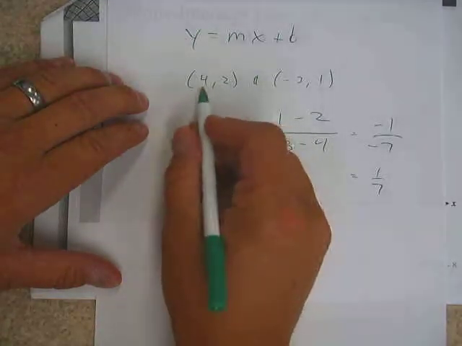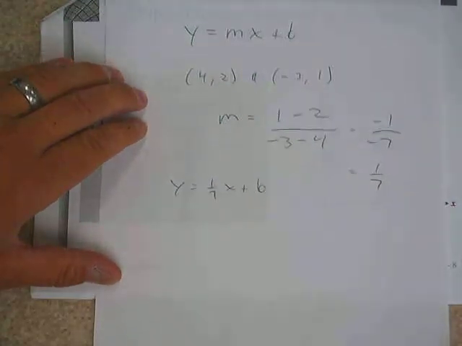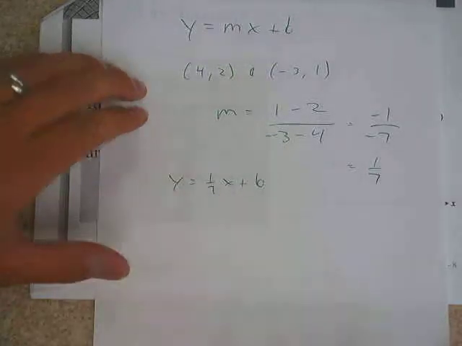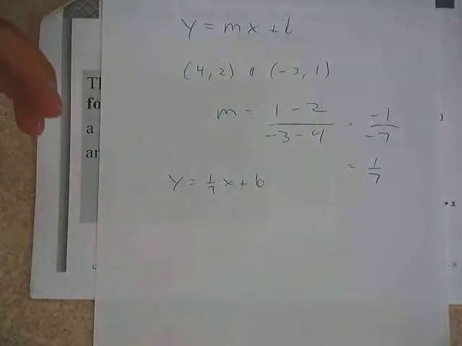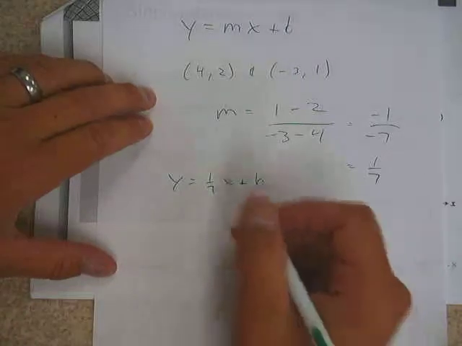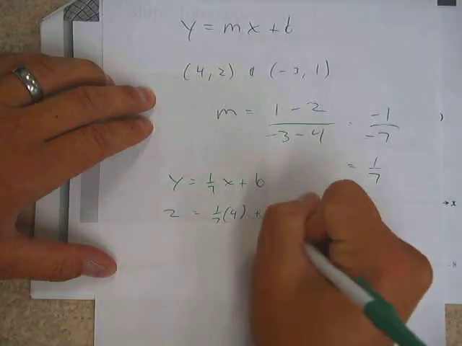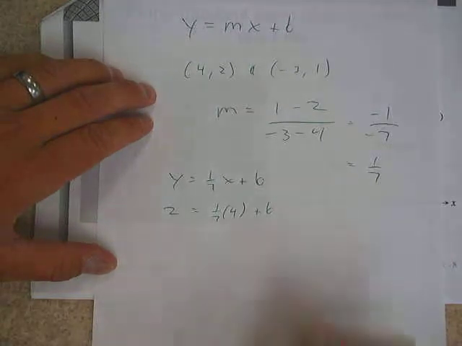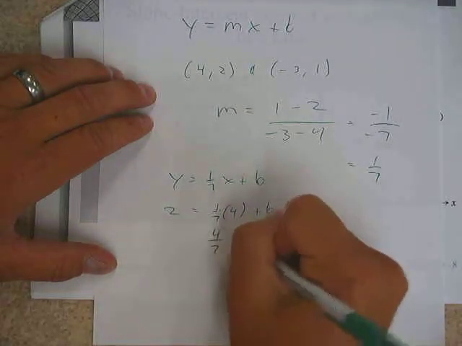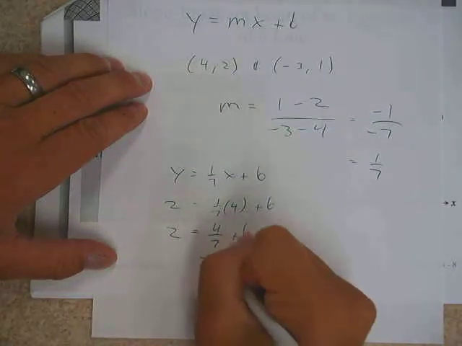Okay. And I'm going to show you 2 ways you can do this when we're dealing with the slope-intercept form. Okay, at this point, you can plug in the slope that you find. Okay, and then you can take one of these 2 points, your choice, and plug them in for y and x, and then the only thing that would be left over is b. So you can do that if you want to.